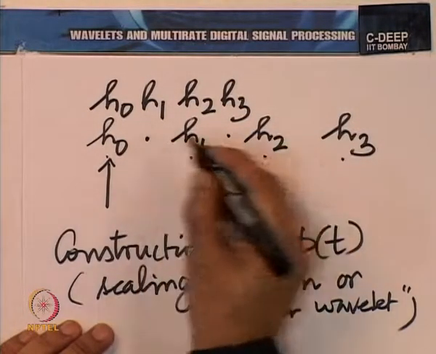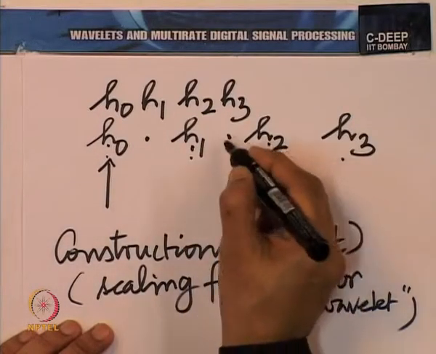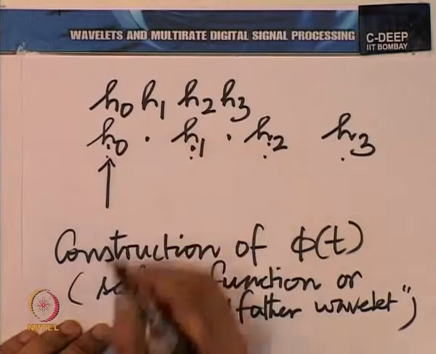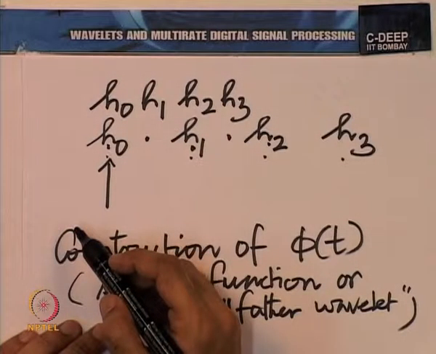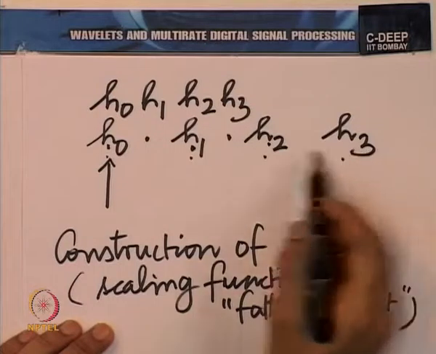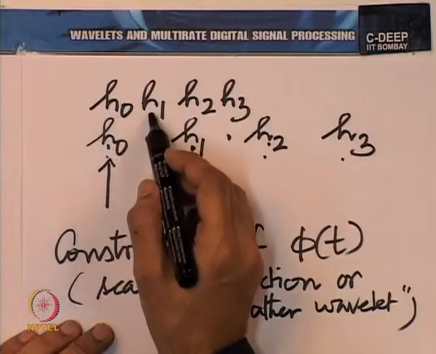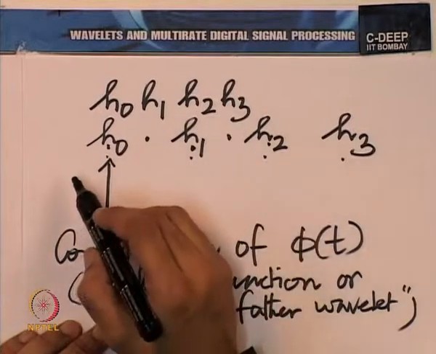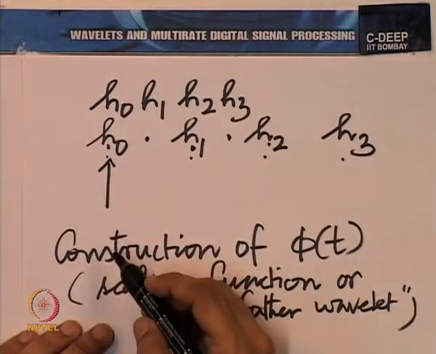Here these two locations are midway between these two locations here. So, midway between this is this, and midway between these is this, and put H 0, H 1, H 2, H 3 here. Visualize these to be impulses of strength H 0, H 1, H 2, H 3, and here again impulses located at these places with strengths H 0, H 1, H 2, H 3, and convolve this with this.